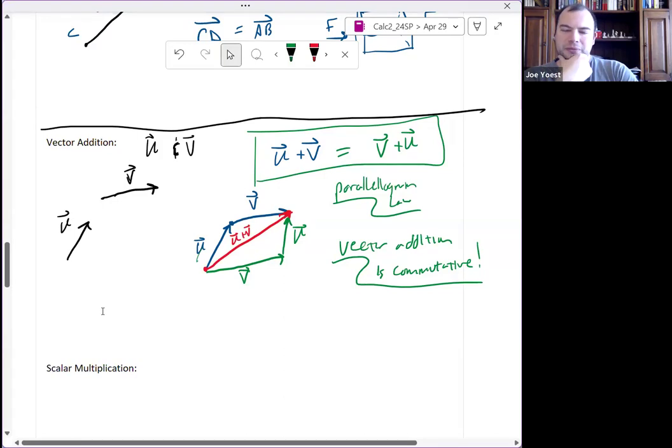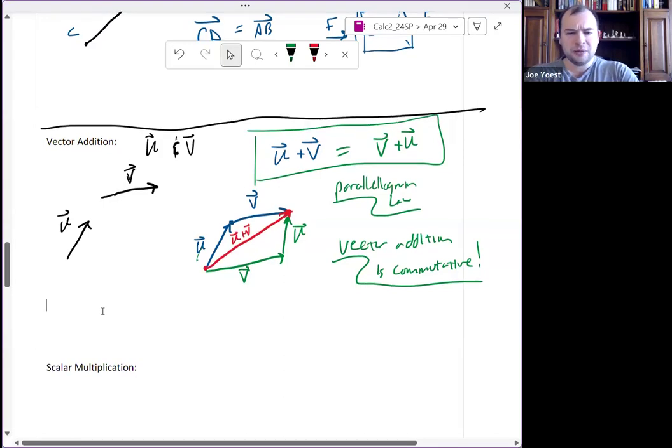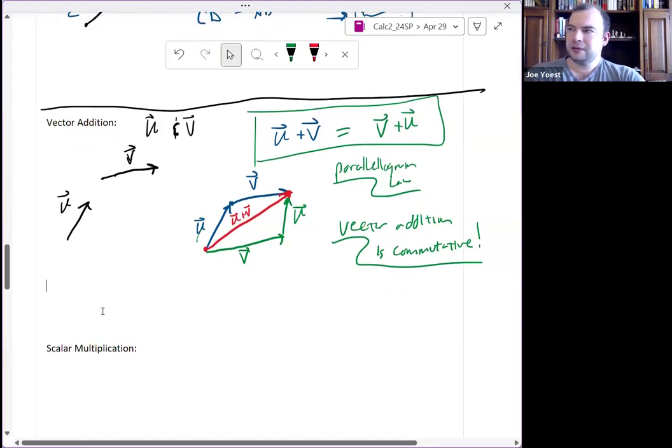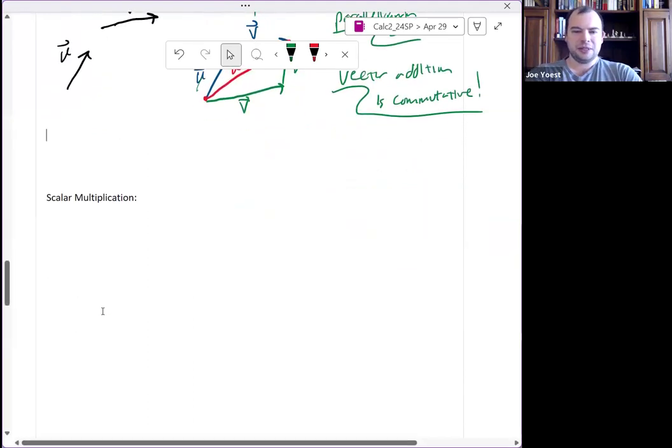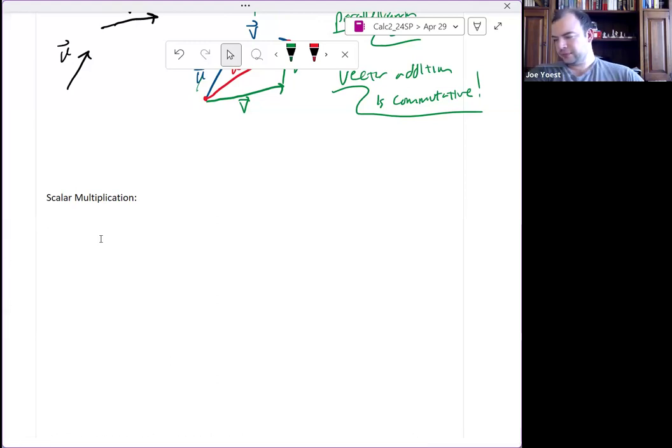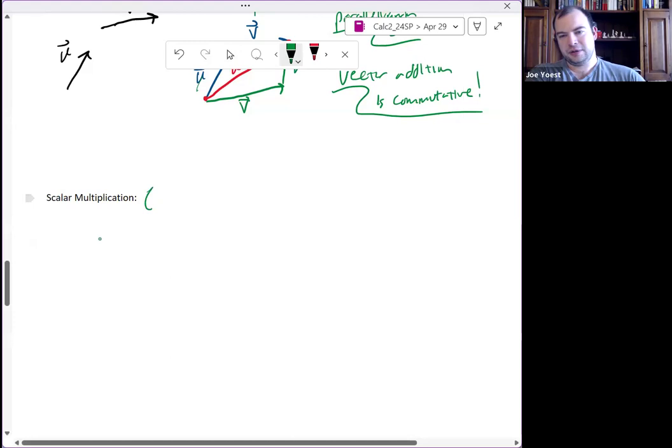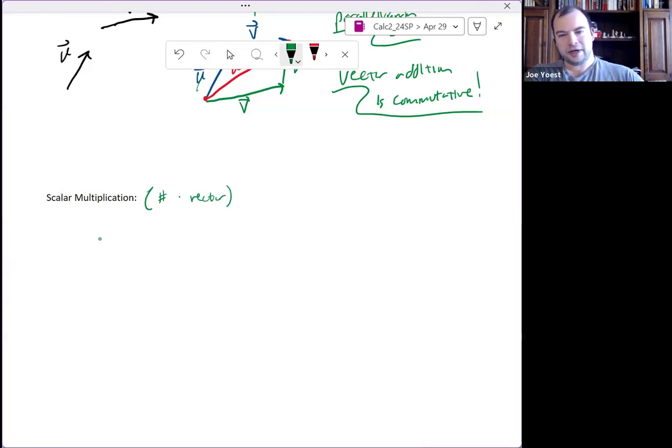Okay, so what about multiplication? Well, we know that in some sense multiplication is just like repeated addition. So let's look at multiplication, but particularly what we're going to call scalar multiplication. So what if I have a number times a vector?